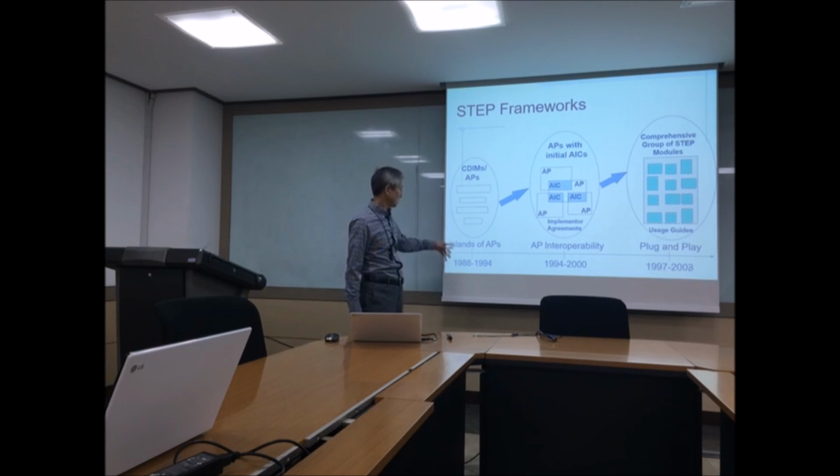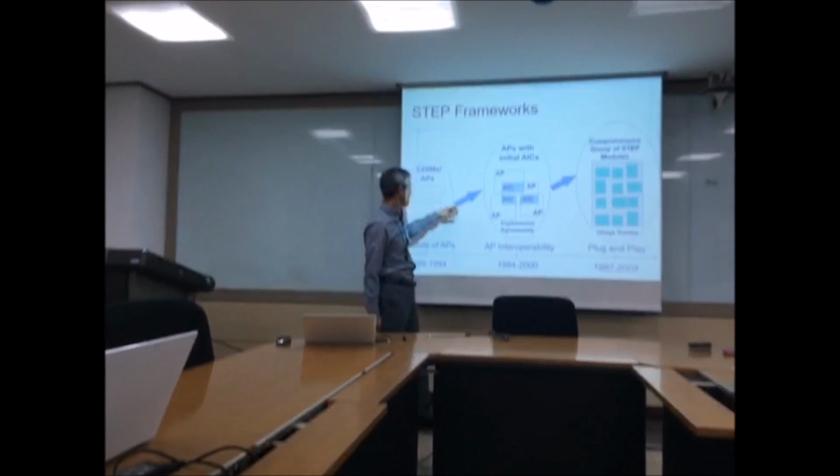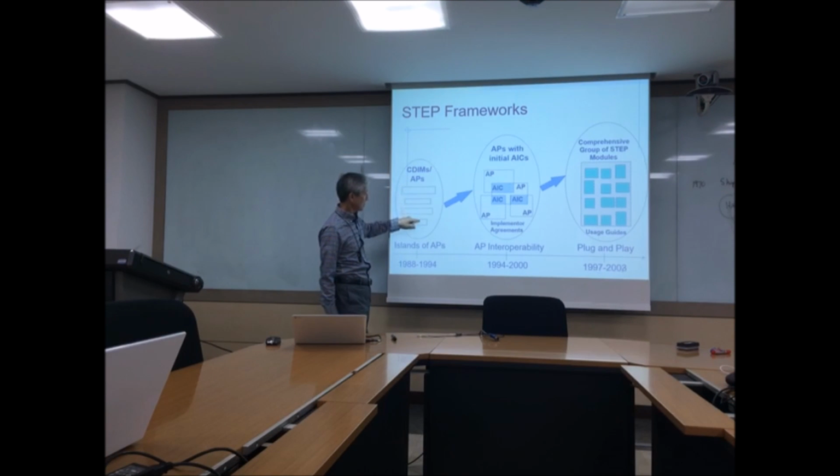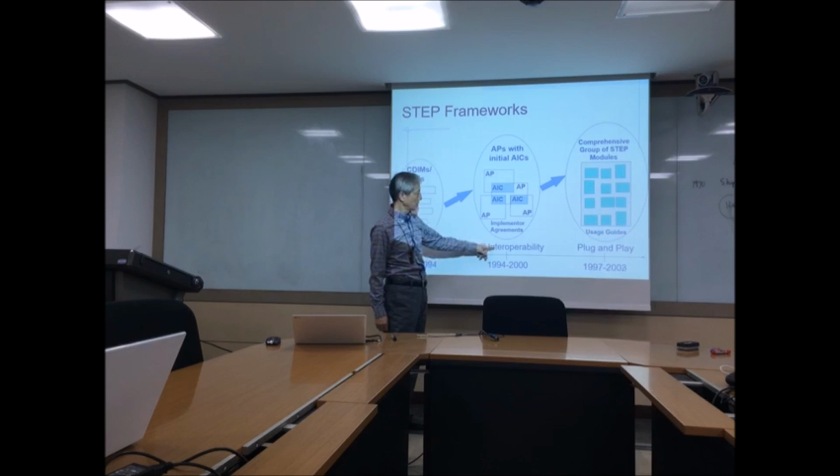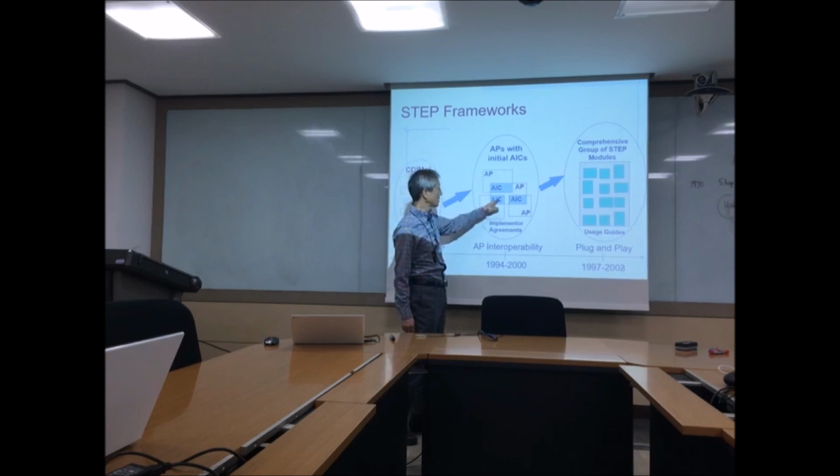So in the 1980s and 90s, they had APs based on common resources and AIC. AIC is here, right? And common resources, AIR or CIR, something like that. And then afterwards, they had an interoperability problem between APs. Interoperability is important, so they developed the AIC concept.